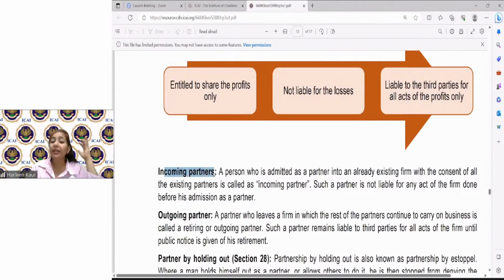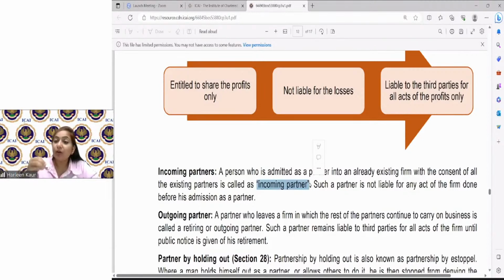Now let's talk about the incoming partners. Very simple. Admission of a partner. A, B, C are partners. They are into manufacturing of electrical appliances. They have admitted D as a new partner. So what will you call this new partner who is joining the firm? He is known as an incoming partner.